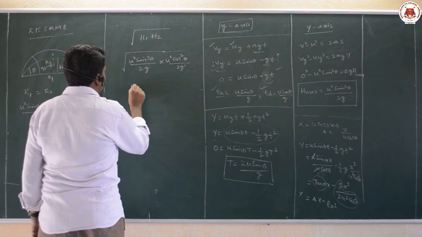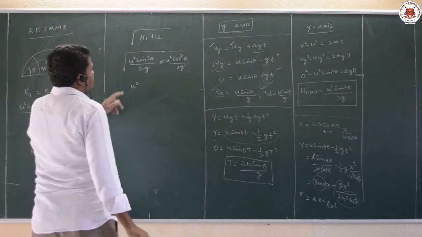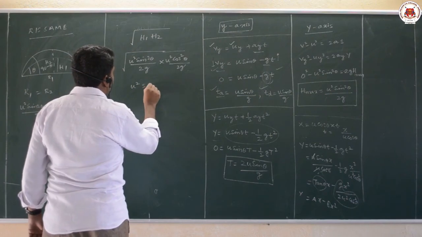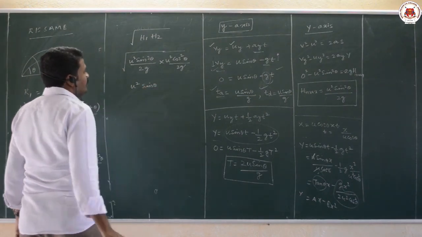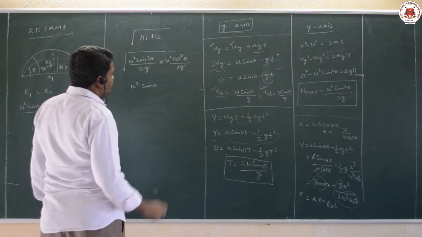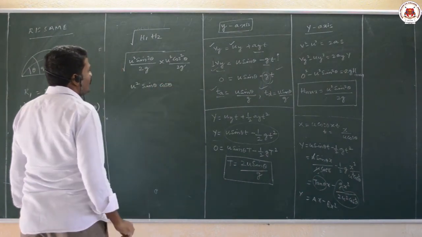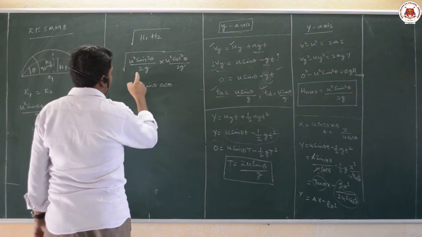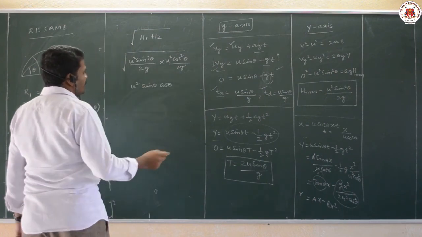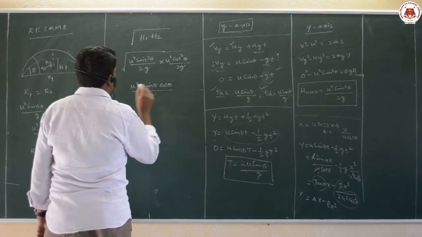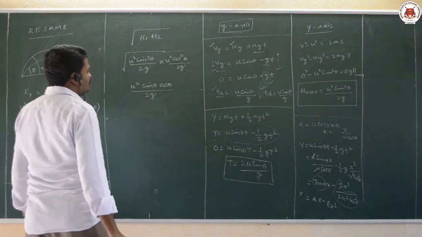If you take it outside the root, this will become u square. Sin square theta, if you take outside the root, will become sin theta. And cos square theta, if you take outside the root, becomes cos theta. Now the 2g whole square, if you take outside the root, will become 2g. So this is the value of the root.